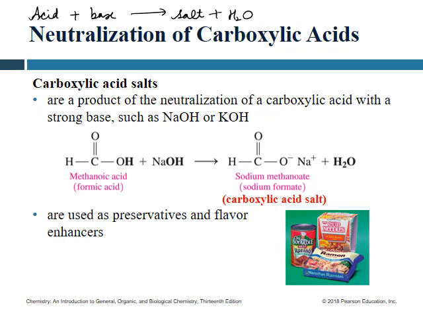Acids have a pH less than 7, bases are more than 7. When they react with each other, they produce water, and we know water is of pH 7. So water is neutral. Therefore, this is called a neutralization reaction, where acid and base react with each other to produce neutral water.